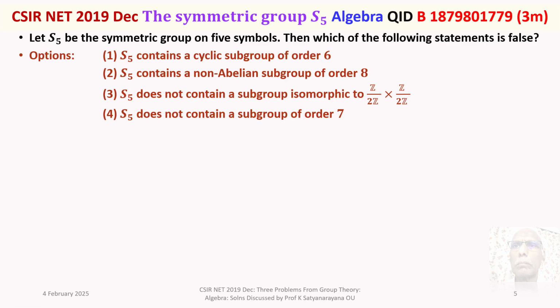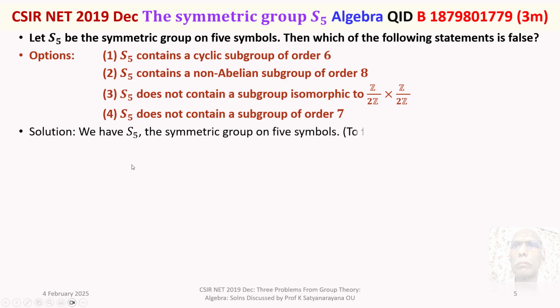Let's now discuss the solution of the problem in detail. We are given S5, the symmetric group on 5 symbols, and required to find the false statement out of the 4 statements given in the options.